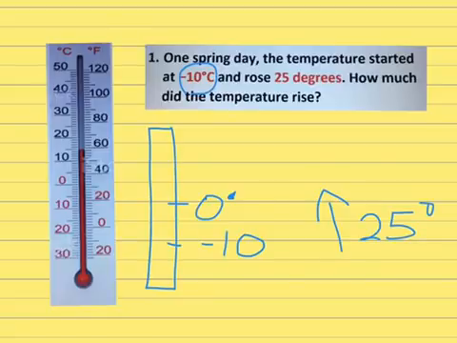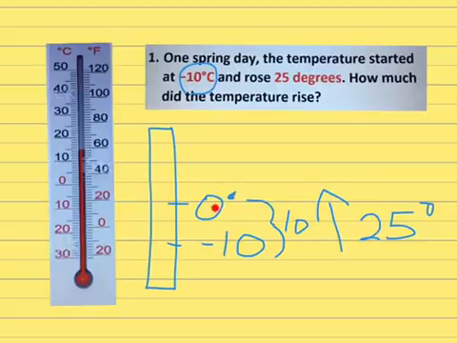So how much did the temperature rise? It's only given me the temperature it started with, negative 10 degrees, and I'm going to go up 25 degrees. So I'm starting from negative 10, and to get from negative 10 to 0, I have to go 10 degrees. But I still have to go 25 degrees, so I still have to go 15 more degrees.